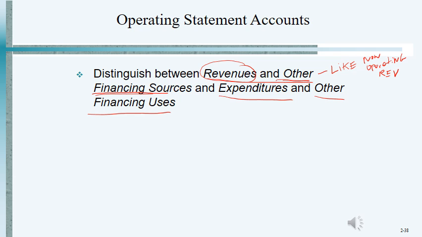Okay, and then we have our expenditures, which are, of course, operating items. Revenue and expenditures are operating items, but we also have other financing uses. Both of these are like non-operating expenses.